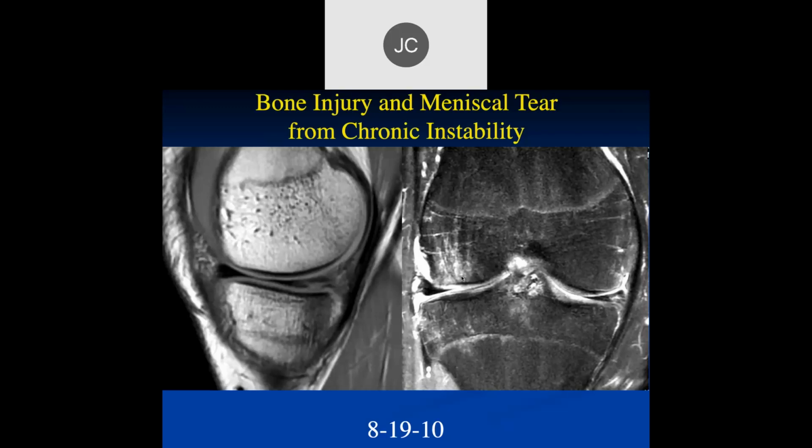You probably have increased risk for degenerative disease as well, but the data is much less clear there and controversial, but you certainly have increased risk for meniscal tears. We'll talk more about that, and later about what predisposes to degenerative disease in knees.